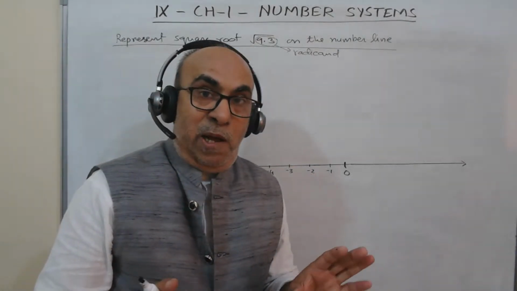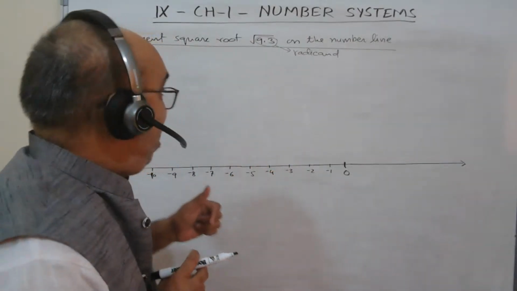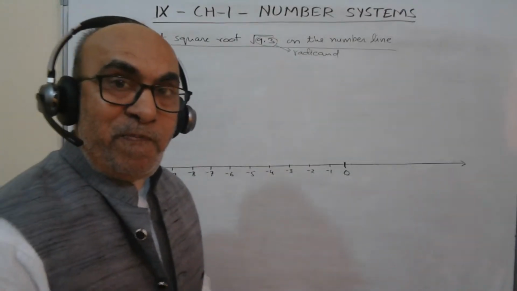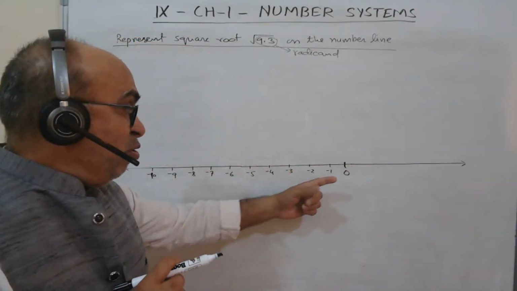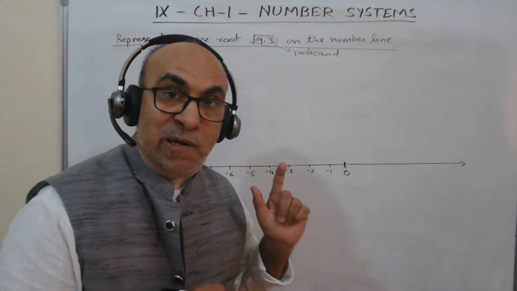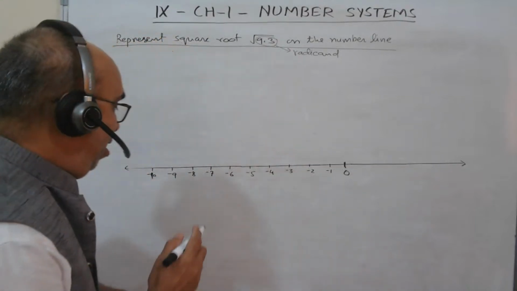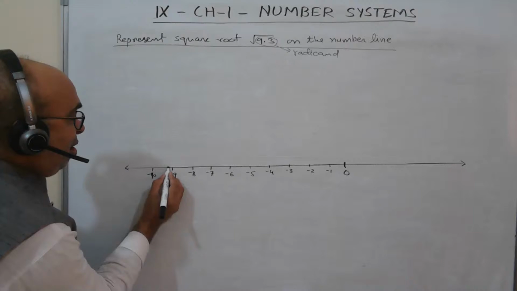On the board, it is not possible for me to take exactly 9.3. But with the help of a ruler, you can take exactly 9.3, and you take 1 centimeter, that's better. Easily you get 9.3.